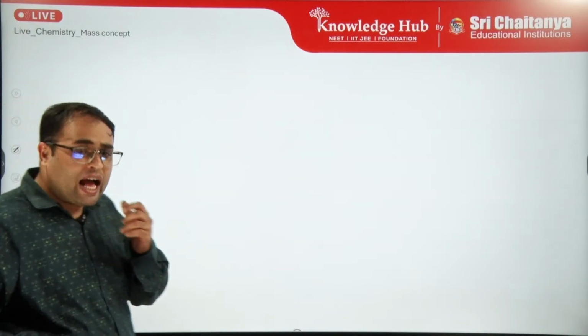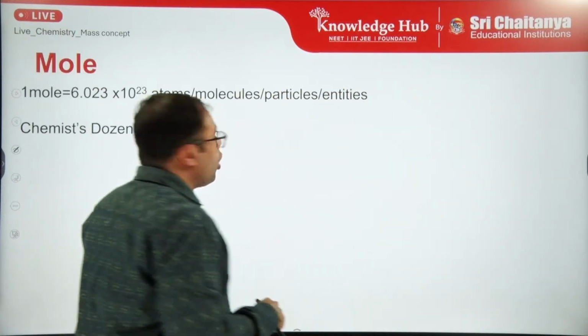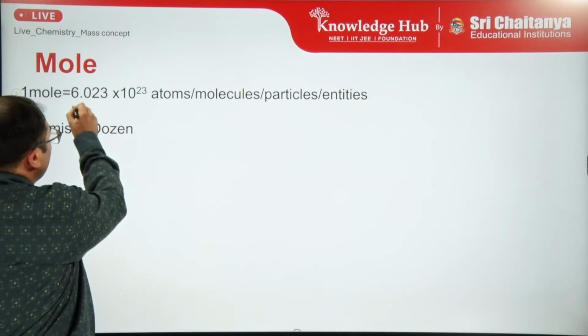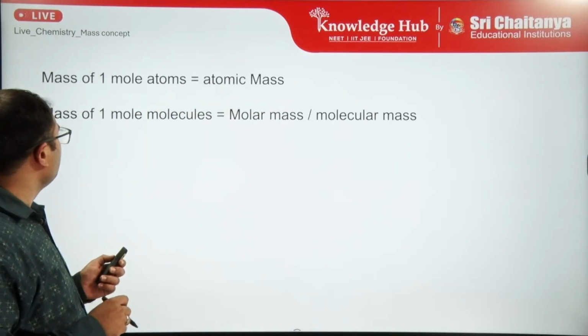In the last class, we talked about moles, where a mole was 6.023 into 10 raised to power 23 atoms. Then I defined moles for you.